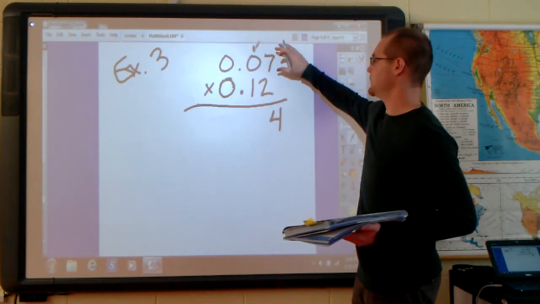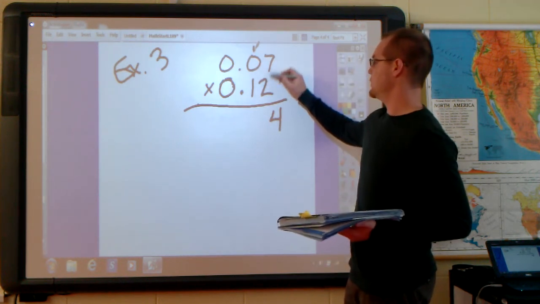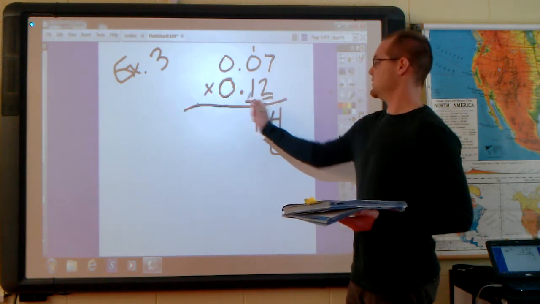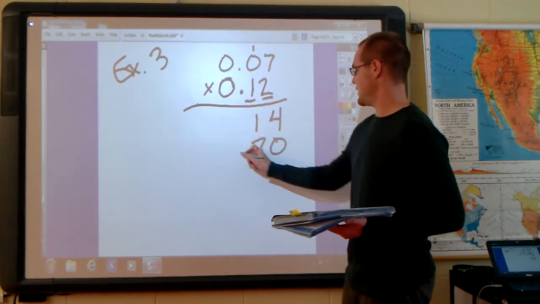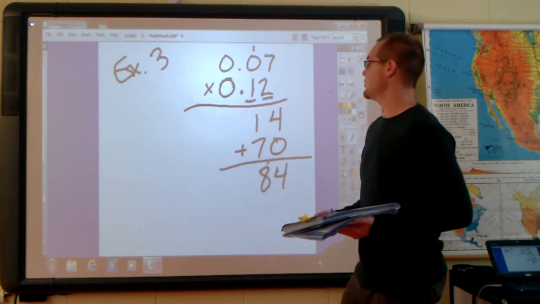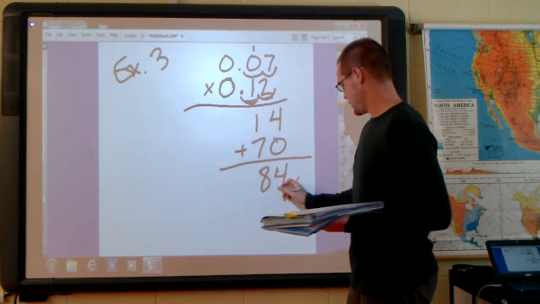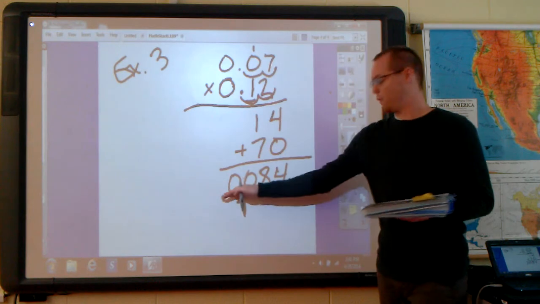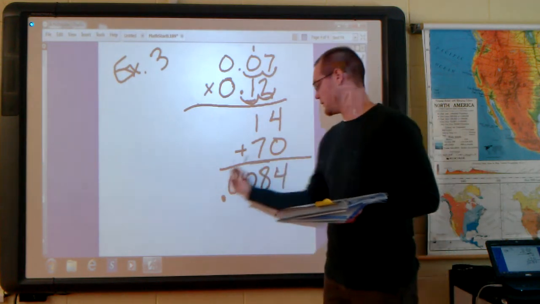Usually we put the single digit number on the bottom. But if we wanted to do it this way, we could. 2 times 7 is 14. Let's bring our 0 down because this is in the next place. Let's take 1 times 7 and get 7. Add those together, we get 84. Now let's count decimals. 1, 2, 3, 4. Understanding that we have 4 decimal places to deal with, we end up with 84 10,000ths.